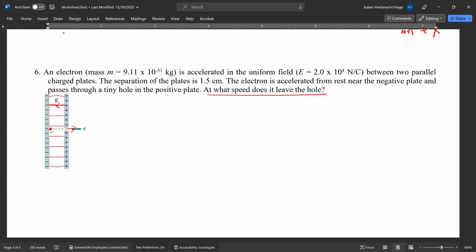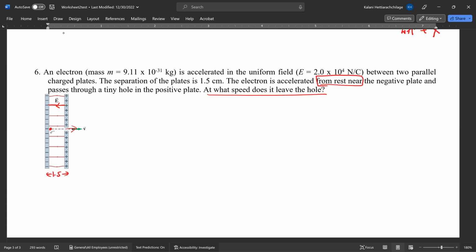So we have the mass of the electron, a very small number, and we have the electric field, and the separation is 1.5. That means the distance traveled is 1.5 from here to here. And the electron accelerates from rest. That information is important.